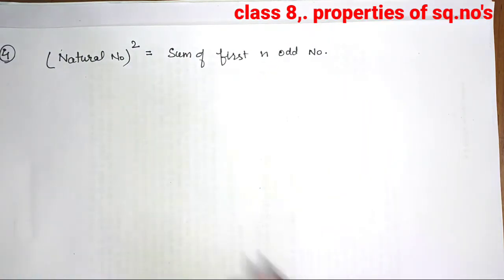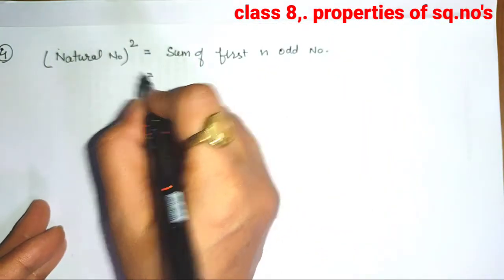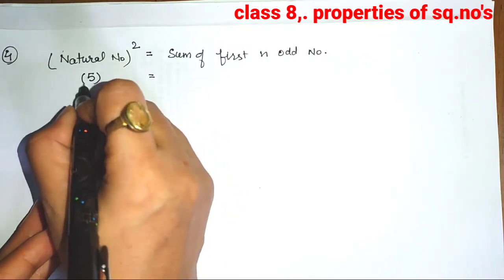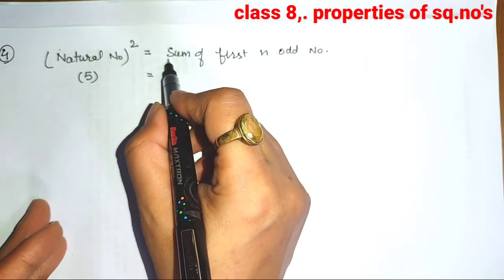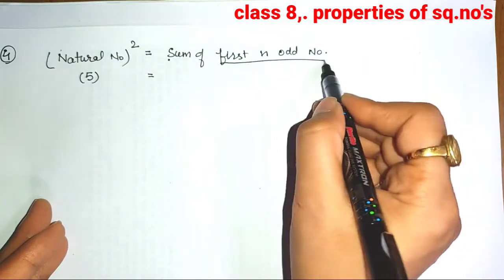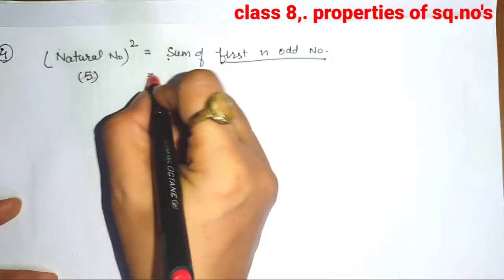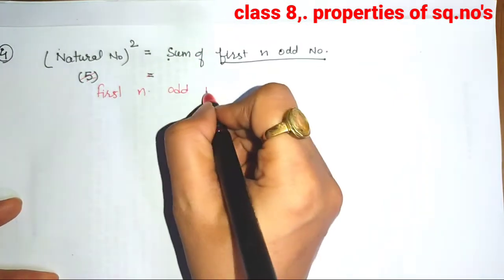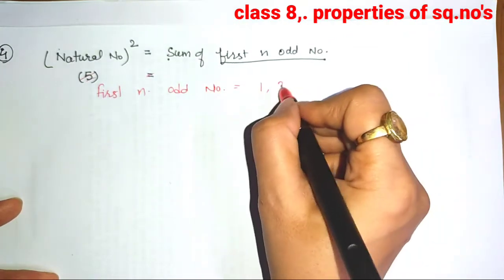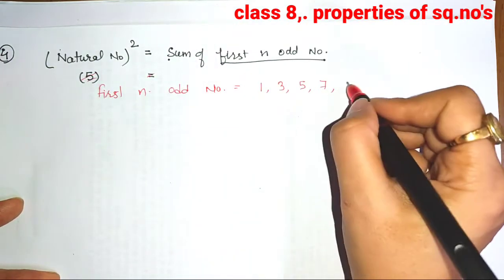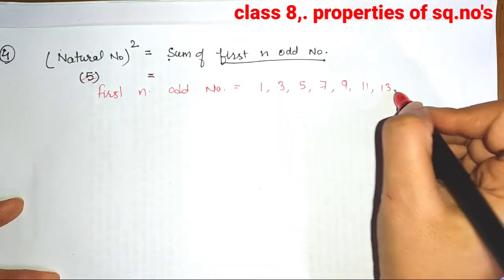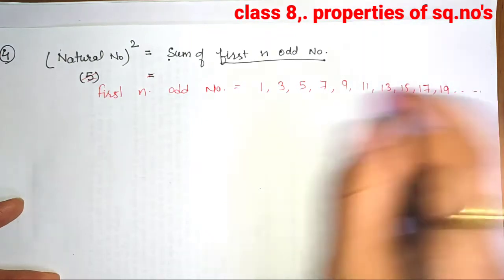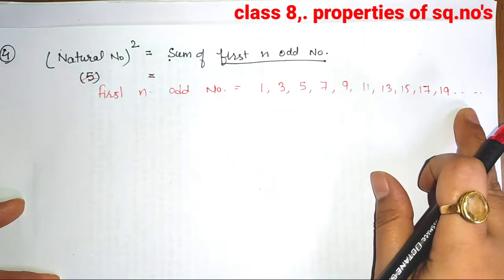Any natural number, so you can take an example as 5, and first of all you want to know what the first n odd numbers are. The first n odd numbers are 1, 3, 5, 7, 9, 11, 13, 15, 17, 19 and so on. These are the first n odd numbers.